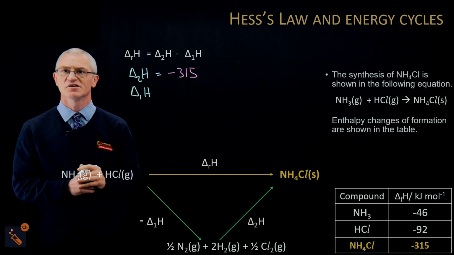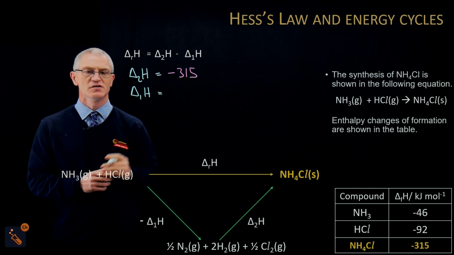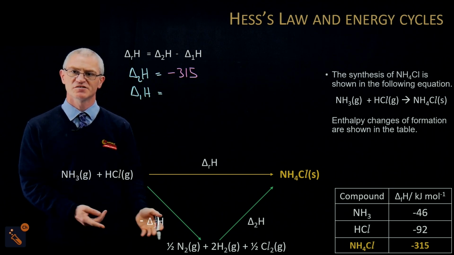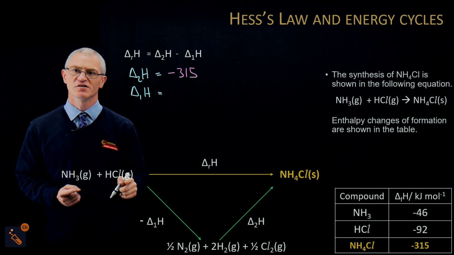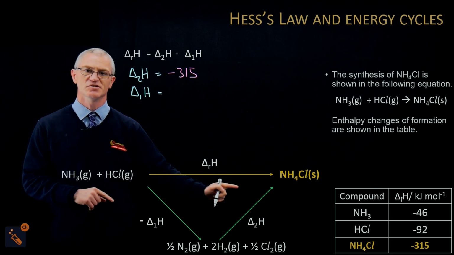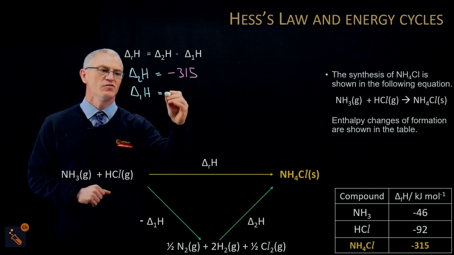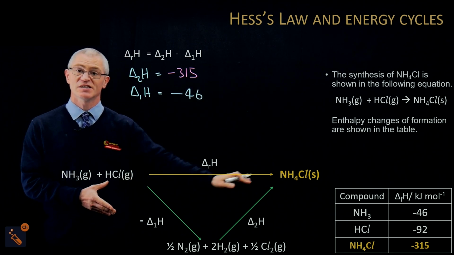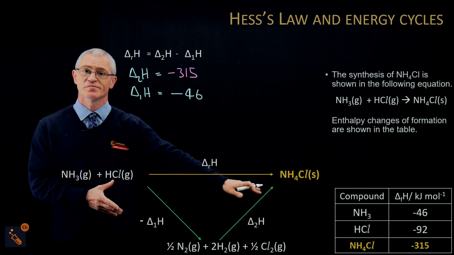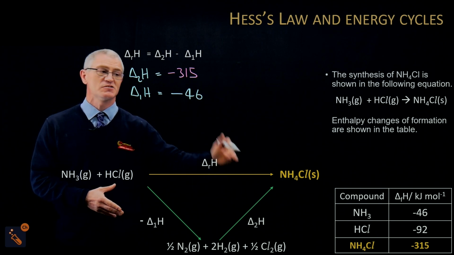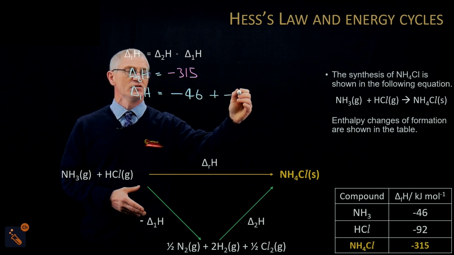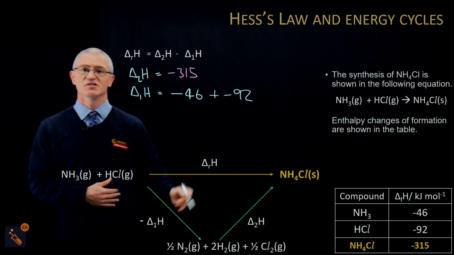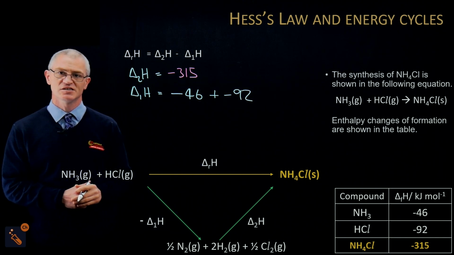If we then go for delta 1H, you can see that we're making 1 mole of hydrochloric acid, 1 mole of NH3. So that would be minus 46 for the NH3 if you look in the table, and then plus minus 92, and the 92 is for the HCl.